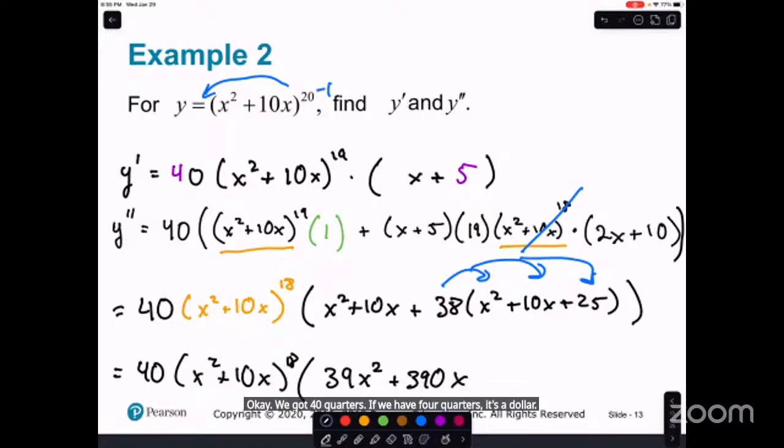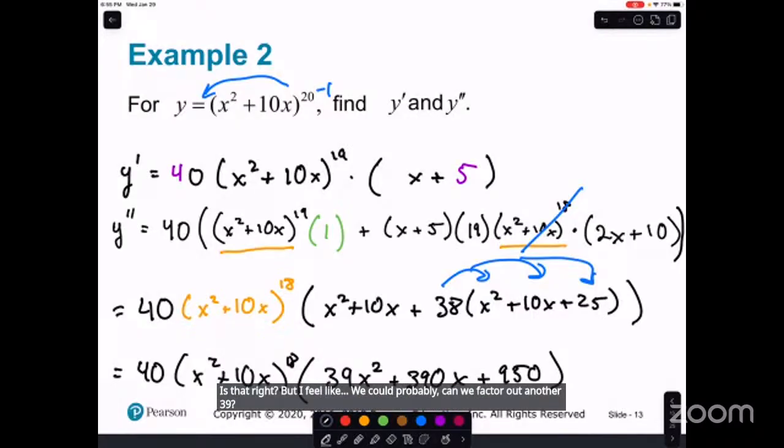So what? $10. So that's what, 1,000 minus 50. So 950. Is that right? We could probably, can we factor out another 39? Hey, Google, what's 95 divided by 39? Sorry. 95 divided by 39 is approximately 2.44. Okay.